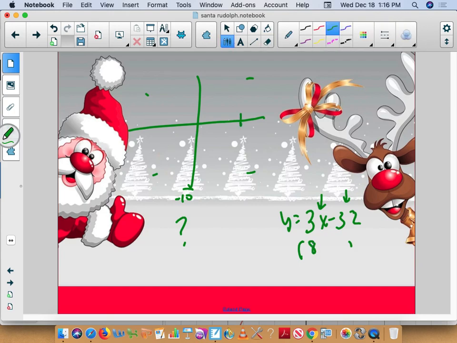What's 3 times 8? 24 minus 32 is negative 8. So I get negative 8. And then what's my slope? Up 3 and over 1. Girls, you should be able to fill in and find a point. This one, 3x minus 32.